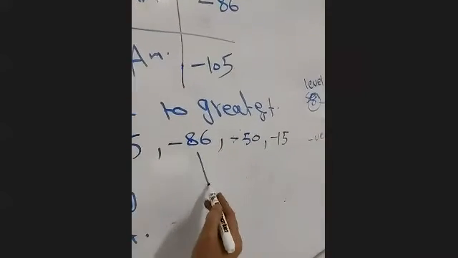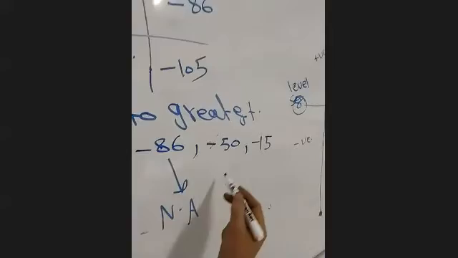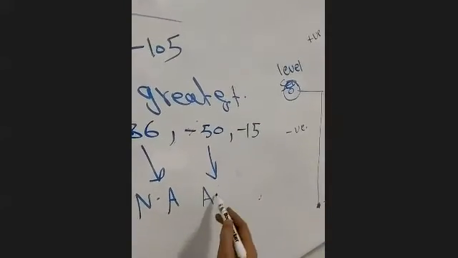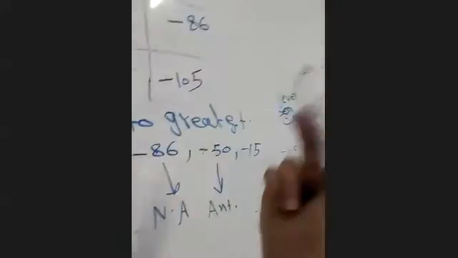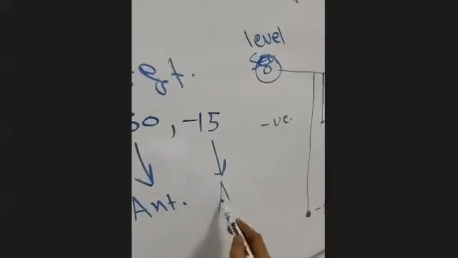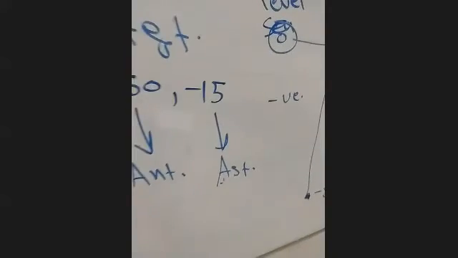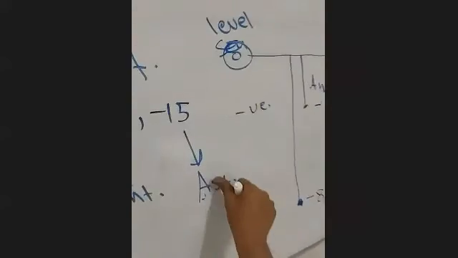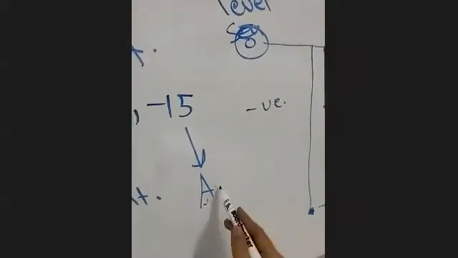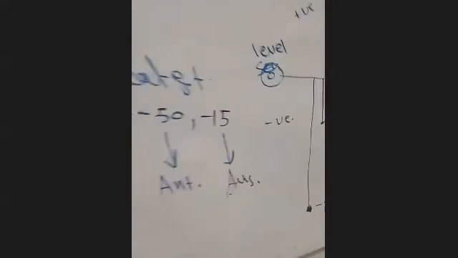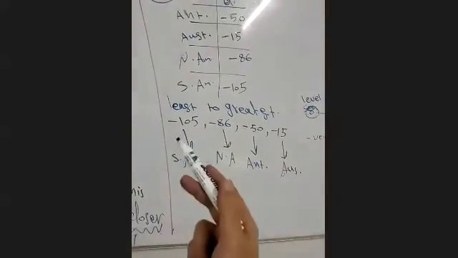Negative 86, North America. Negative 50, Antarctica. And negative 15, Australia, right? So this is the ordering, guys, from least to greatest.